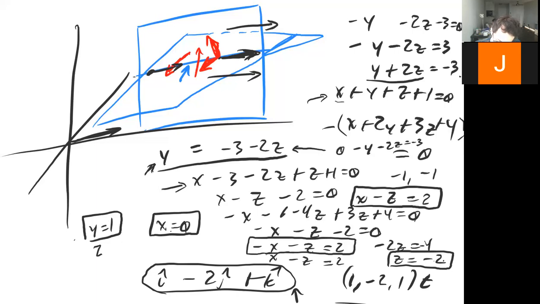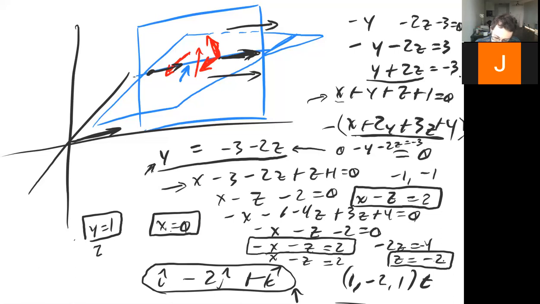So you get -2 +1 +0 +1 +1 gives you 0, so that's good. And then for this one, you get 0 plus 2 minus 6 plus 4 is also equal to 0. And that gives you that this point actually does lie in the intersection of both planes.